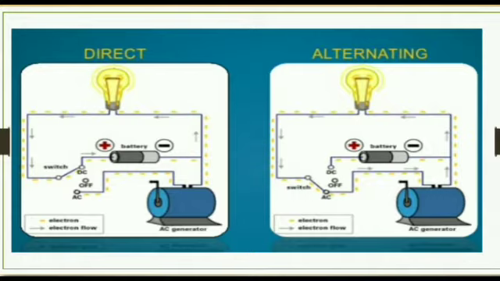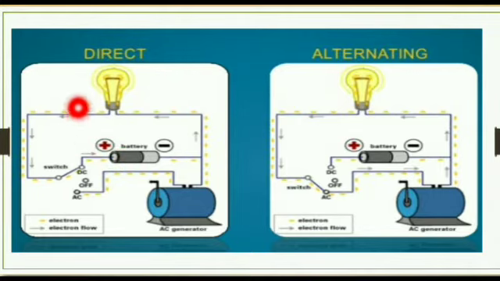This is a small circuit for your understanding. This is the DC current and this is the AC current. See, this is the AC generator, this is the switch and this is the battery, just a small circuit. These lines indicate the electron flow.